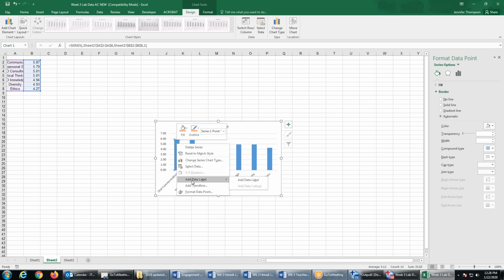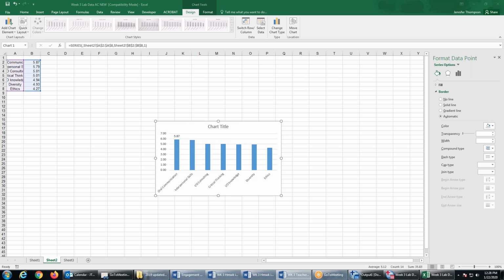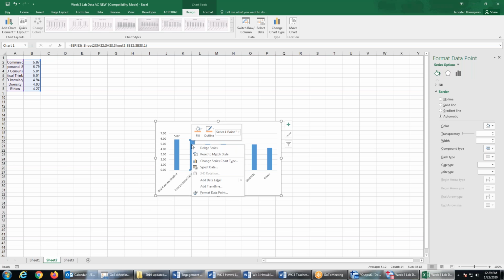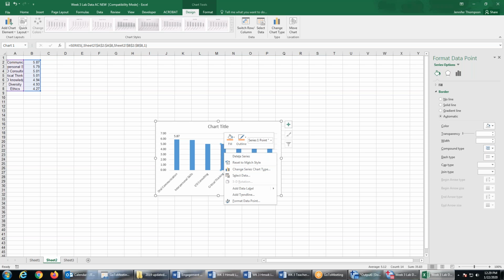So then let's see, okay, so right click on the bar, add data label. Yeah. I'm just updating the teacher notes. Okay. Then, oh, but that didn't do it for all of them. Do you know how to select all of them? Because it's just going from one to the other.